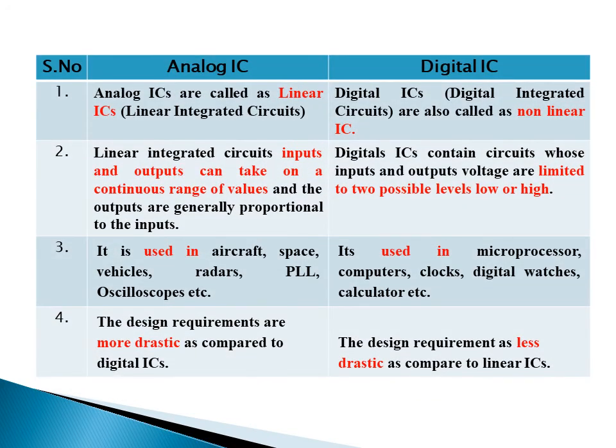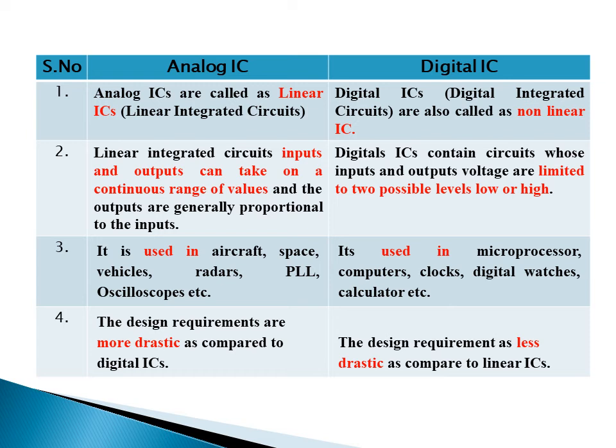Now let me give you the difference between analog IC and digital IC. The first difference is that analog ICs are also called linear ICs, and digital ICs are also called non-linear ICs, which we have seen already. The second point we have also seen: analog IC can work on a continuous range of values, whereas digital IC can work on a predefined range of values.